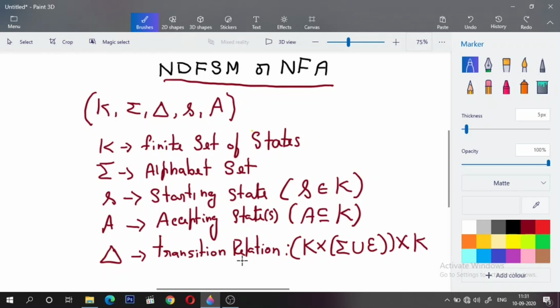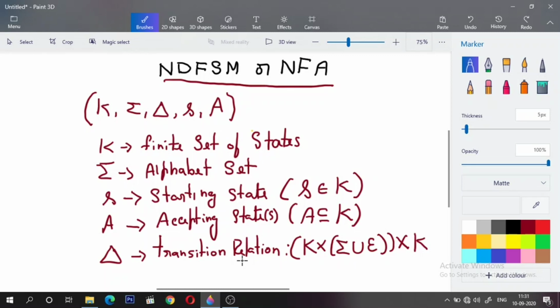With this answer we get another question. If NDFSM is easier to design, why do we need a DFSM or DFA? We have a simpler way of solving a problem using NFA. Now, why do we require DFA? The answer is that NDFSM is not practical.